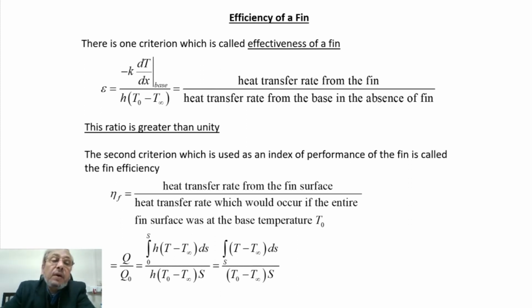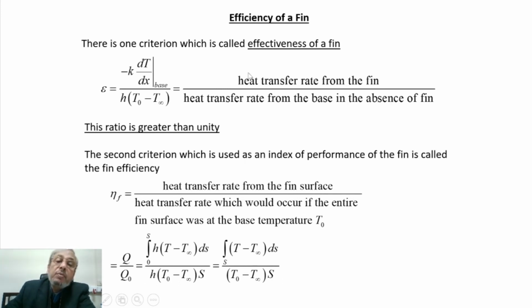Now, the efficiency of a fin. There is one criterion which is called the effectiveness of a fin. Effectiveness of a fin is basically minus k dT/dx at the base divided by h(T naught minus T infinity): the heat transfer rate from the fin divided by the heat transfer rate from the base in the absence of the fin.